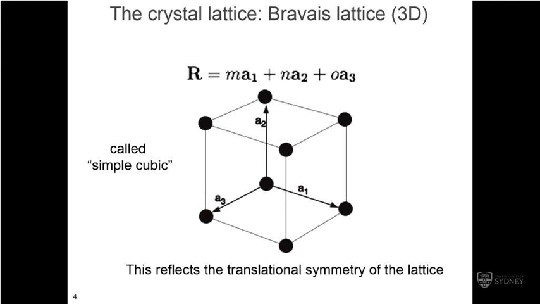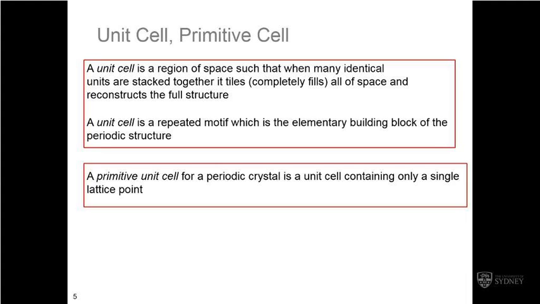So let us define the unit cell, or the primitive cell. There's a slight difference here. A unit cell is a region of space such that when many of the same unit cells are stacked, we generate the complete structure. There are no gaps in space, it completely fills.